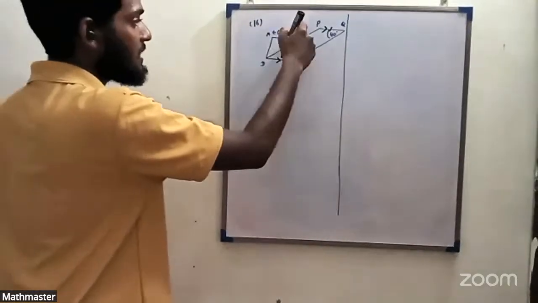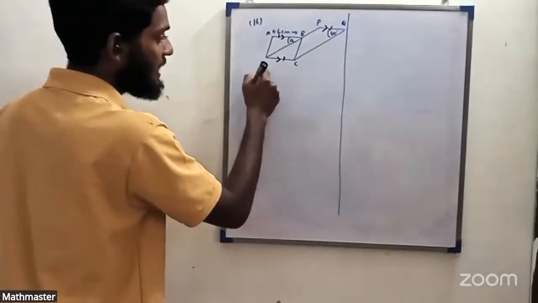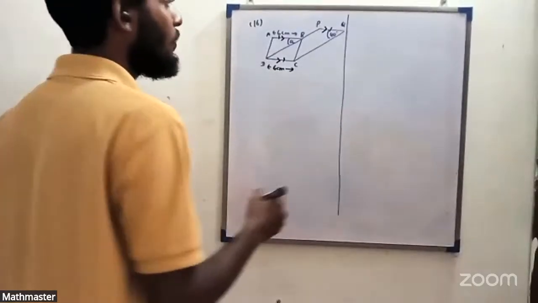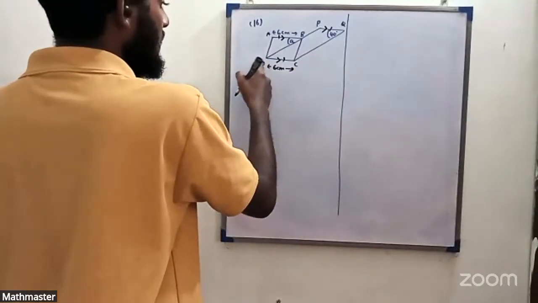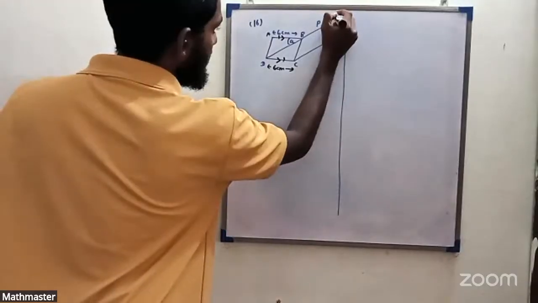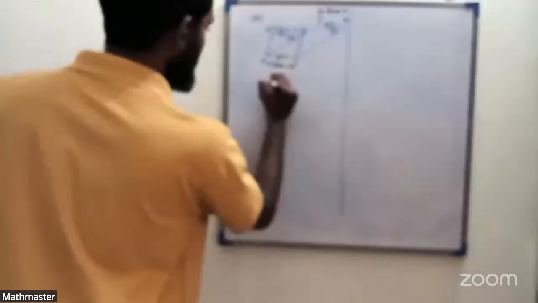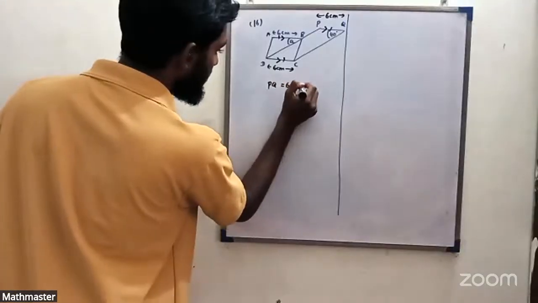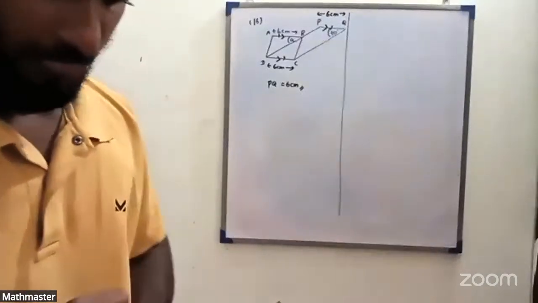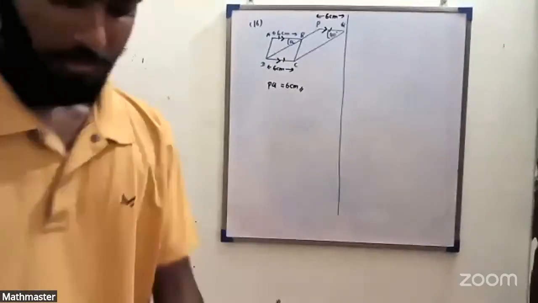AB is 6 centimeters, so in ABCD, DC is also 6 centimeters. Therefore, in PQCD, DC is 6 centimeters means PQ is also 6 centimeters. So the answer is PQ equals 6 centimeters. That is Roman number 1.